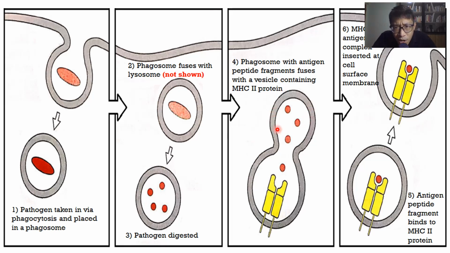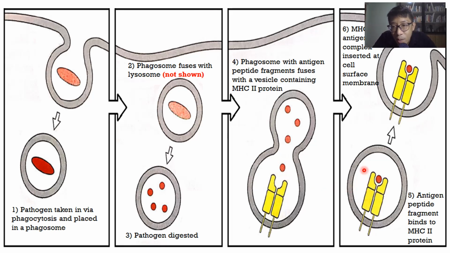So this vesicle, the phagosome with these digested fragments of the antigen, would then fuse with another vesicle containing the MHC class 2 molecule, which is a membrane protein. The fragment would bind to the MHC class 2 molecule to form an MHC class 2 antigen complex.